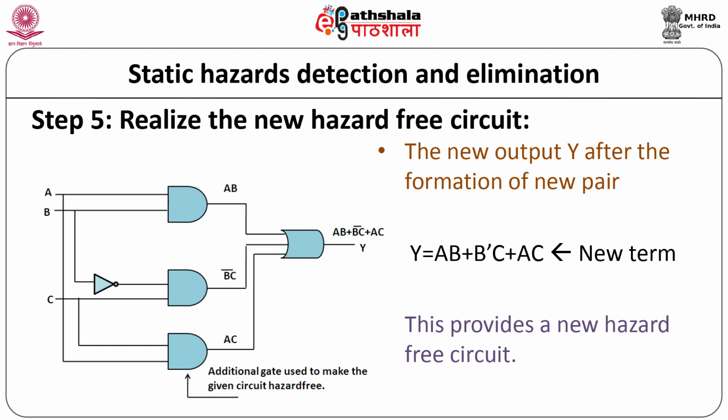Thus, the new output of the circuit after the formation of the new pair is given as y equals A into B or B complement C or AC, where AC is the new term. This new term will definitely provide a hazard free circuit.